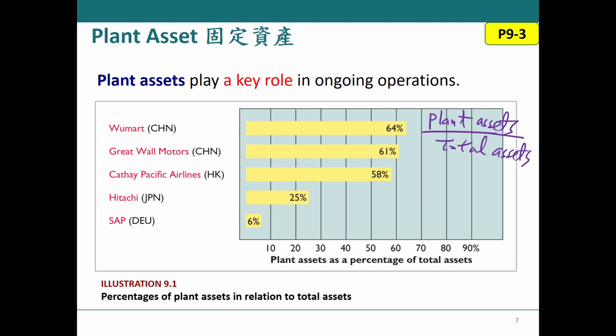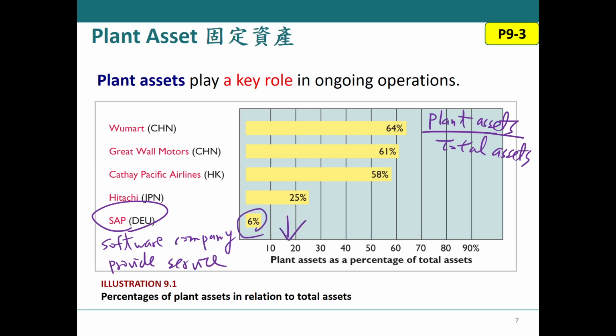So depending on what kind of company you have, you will have a different percentage. So whether plant assets are more important for you depends on what kind of company you are. For this SAP, it's a software company. Majorly, their business is to provide service. So did you find out their percentage for plant assets is lower?